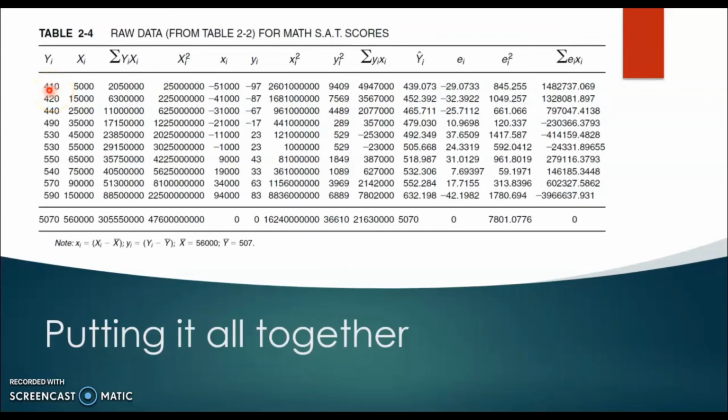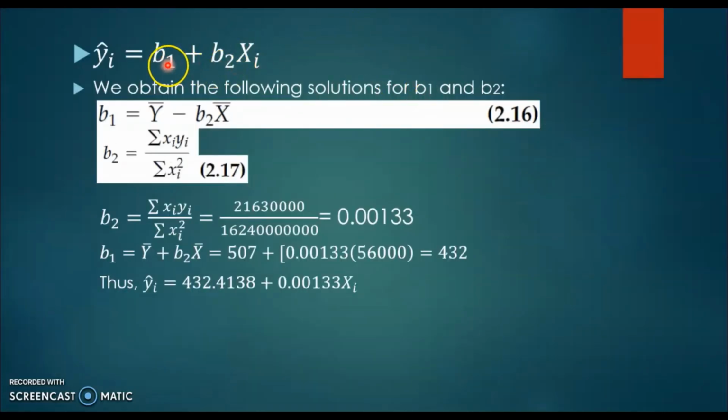For the first observation, the actual y is 410, and the predicted y is 439.073. How do we get the predicted y? By estimating b1 and b2 at first.